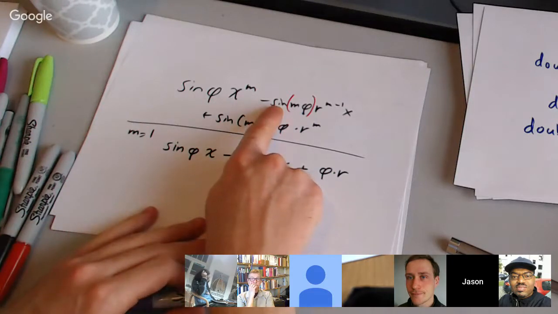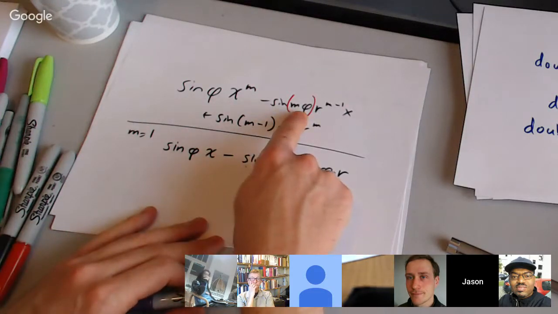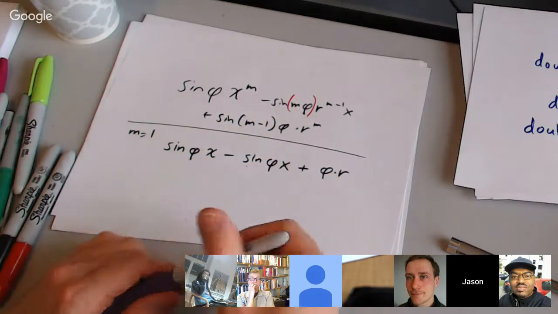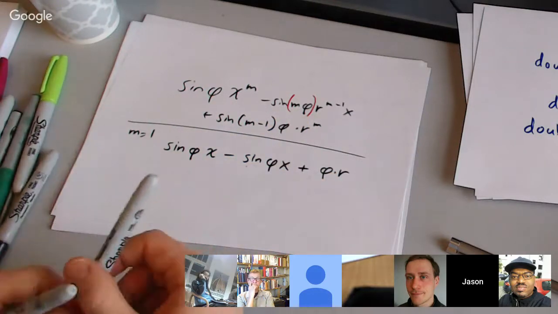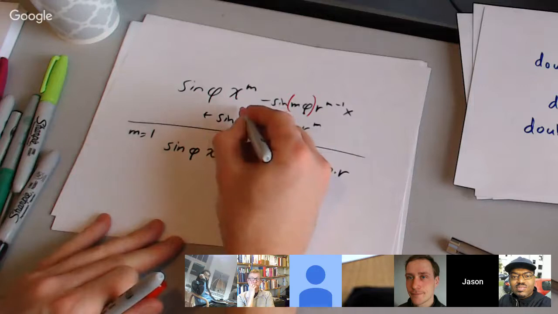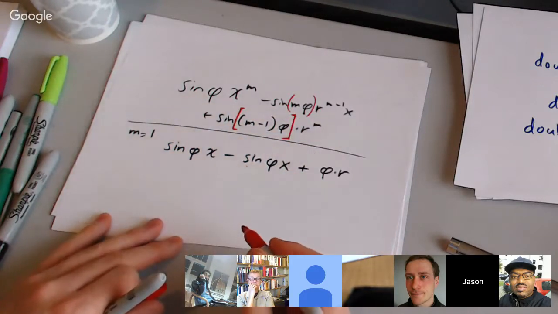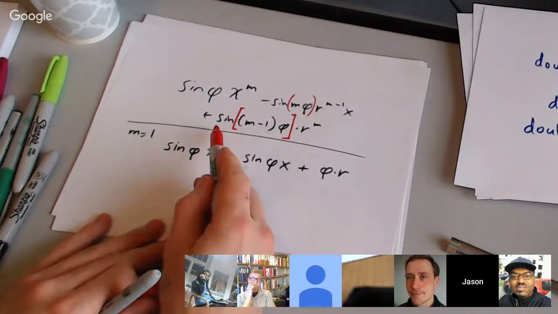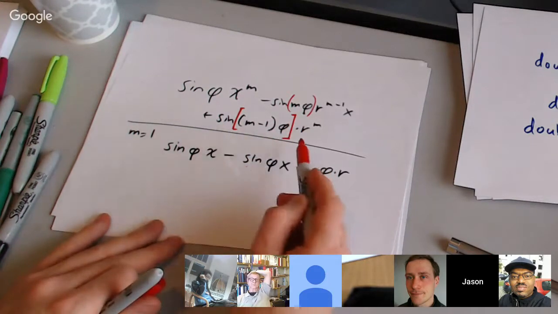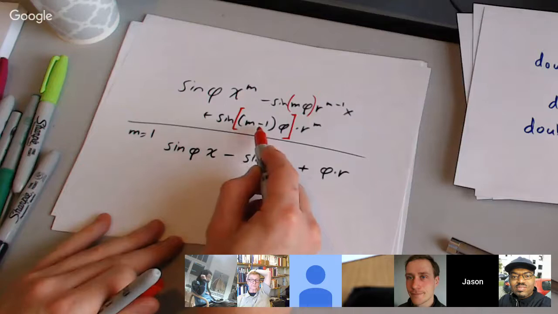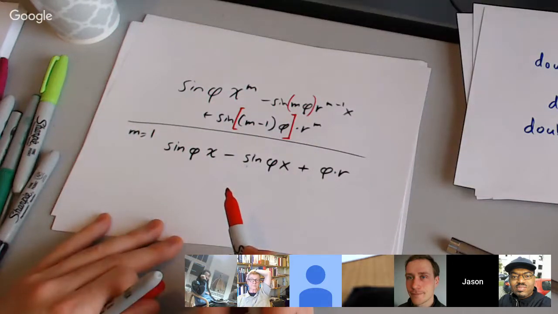So here we've got the sine of m phi. That means that also in the third term, this is really what's going on. We've got the sine of what? The sine of how much? The sine of m minus 1 phi.